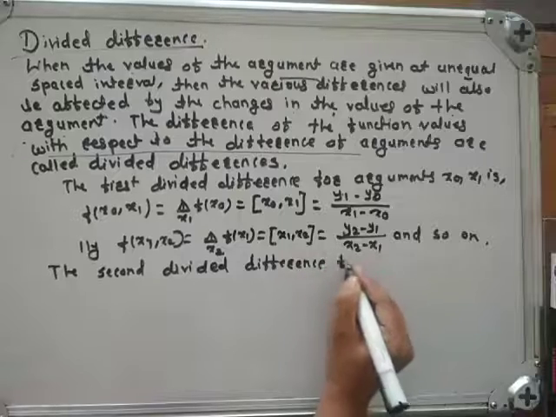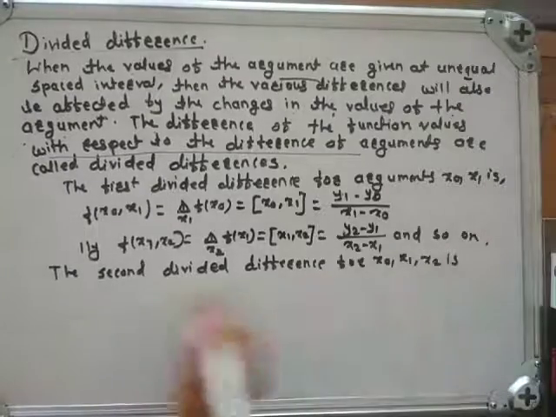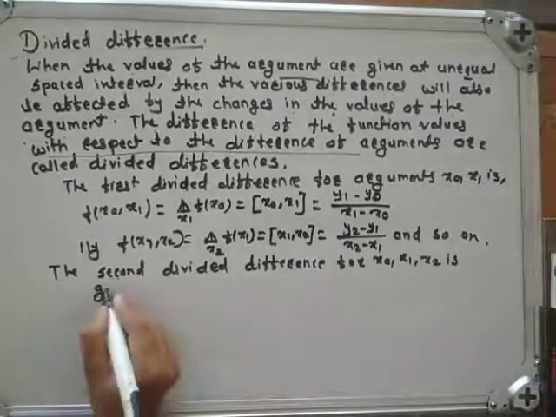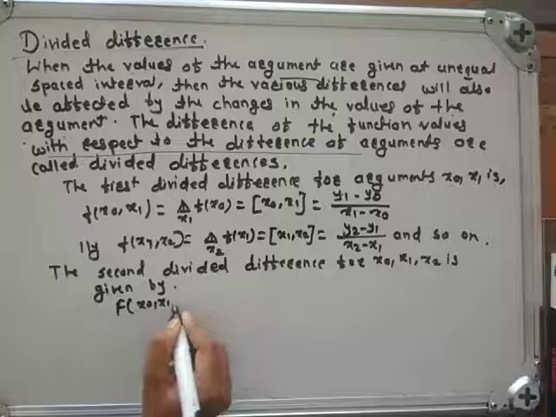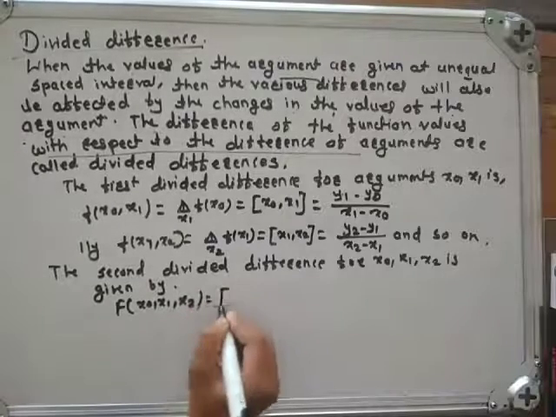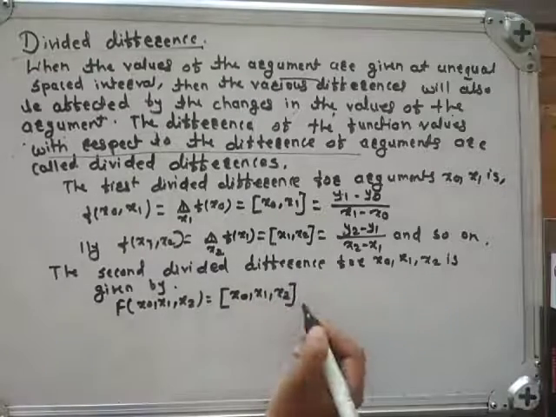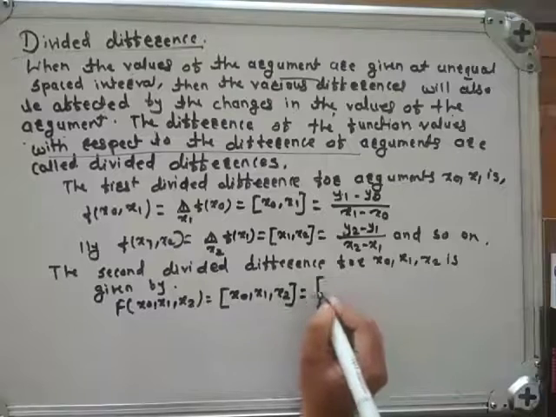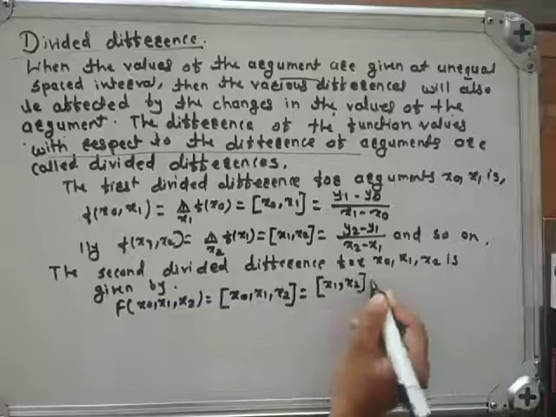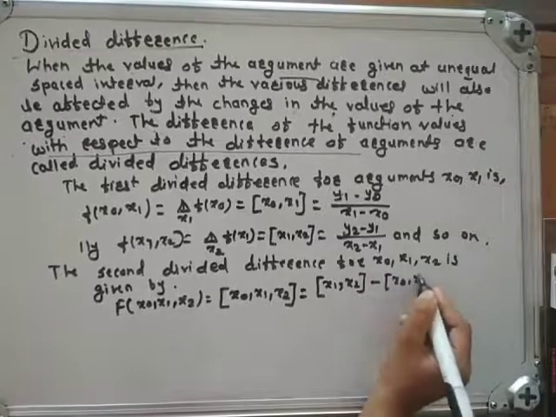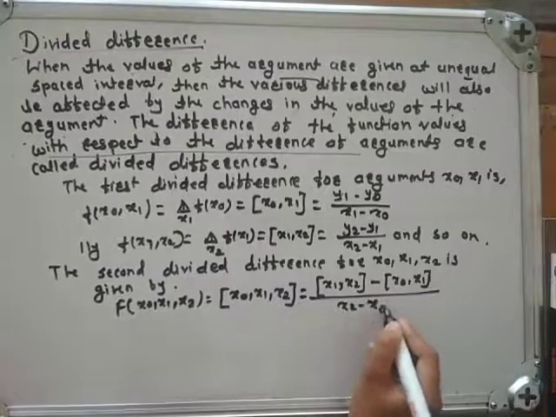For x0, x1, x2 it is given by f of x0, x1, x2, which is equal to the square bracket x0, x1, x2, which is equal to the bracket x1, x2 minus the bracket x0, x1 upon x2 minus x0.